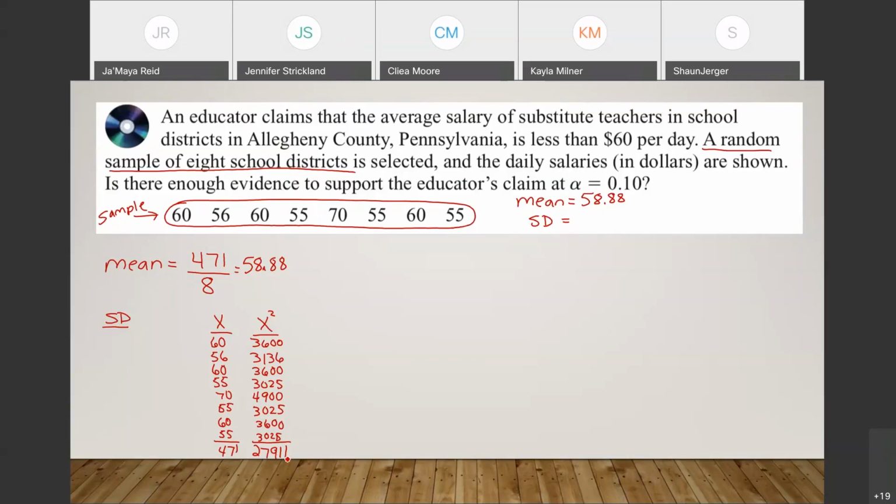All right, so remember our formula is the bigger sum minus the smaller one squared. Okay, we divide by the number of values, so we have 8. And then on the bottom, we do 1 less. So we put 7 on the bottom. And this is actually going to give you the variance.